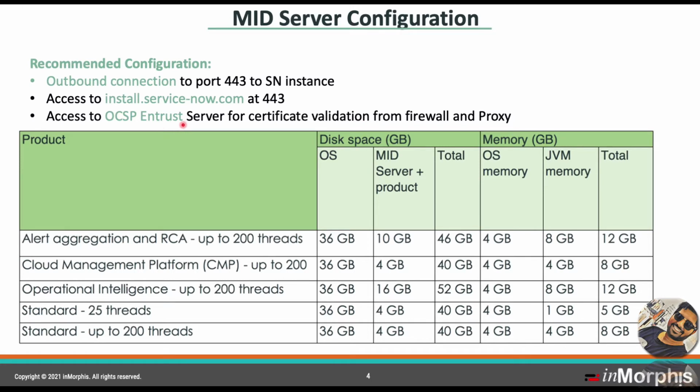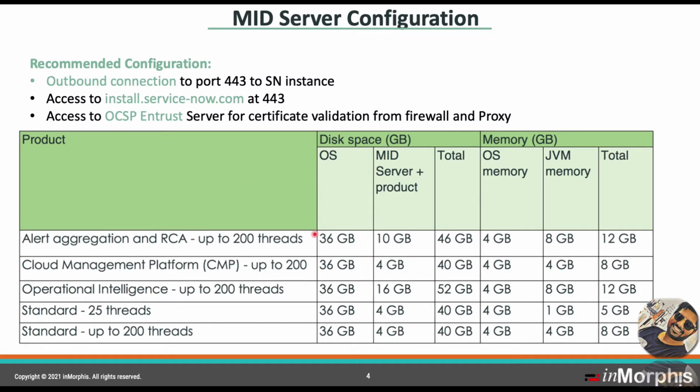It's again outbound 443 communication to this known server's API, so that certificate validation can be done. If it is not provided, then we have to put a flag into the mid server and into ServiceNow saying do not try to test this. Otherwise, every time you try to install your mid server, the installation will fail.